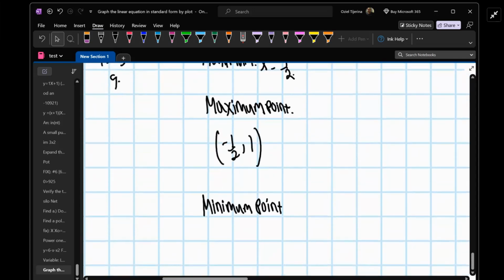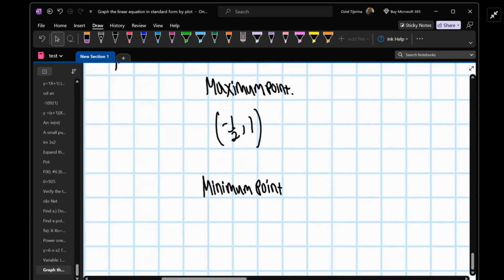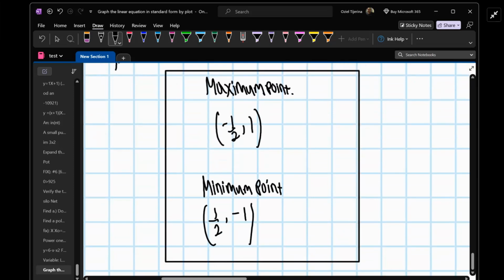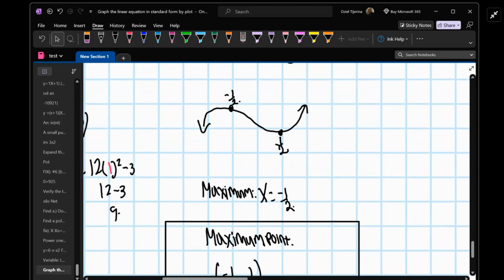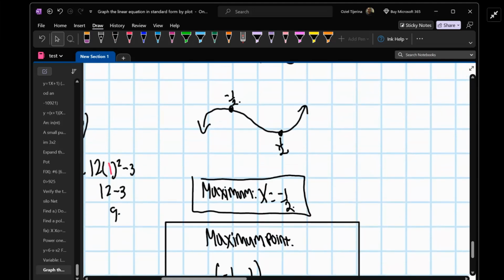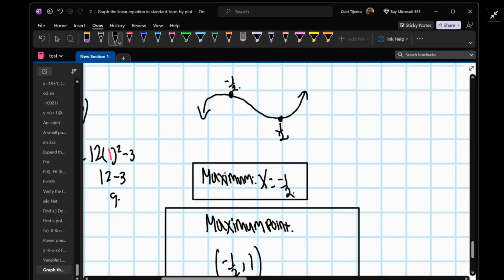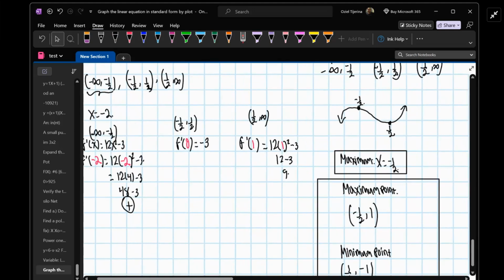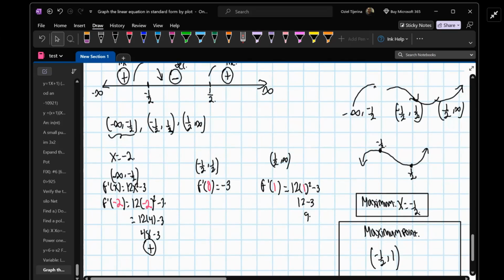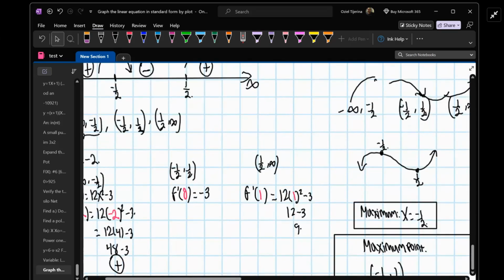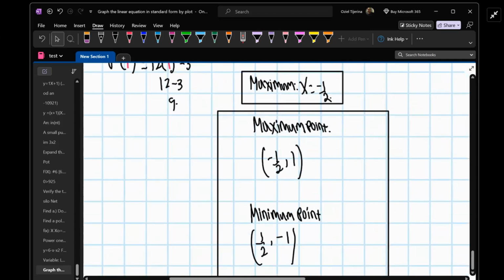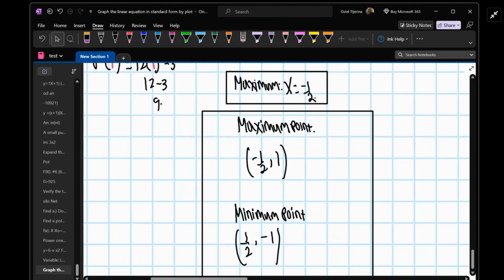So a minimum point at 1/2, comma -1. So these are my maximum and minimum points, and the maximum is at x equals -1/2, and the minimum is at x equals 1/2.